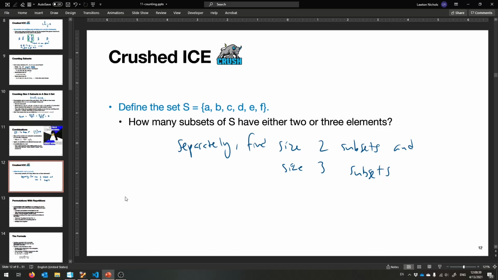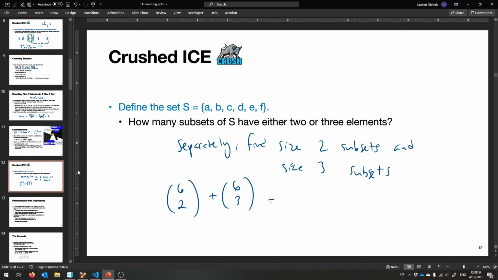So the number of size 2 subsets is, are you ready? 6 choose 2. How many ways are there to make a size 2 subset out of a set of 6 elements? Plus 6 choose 3.